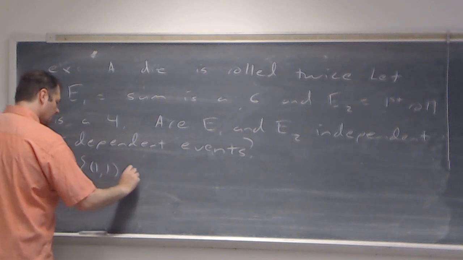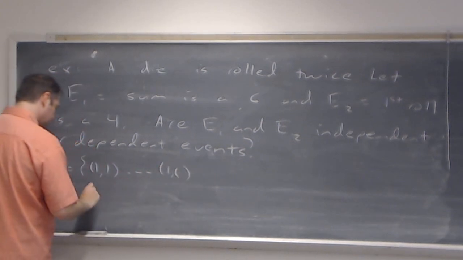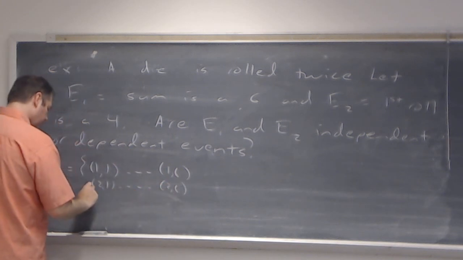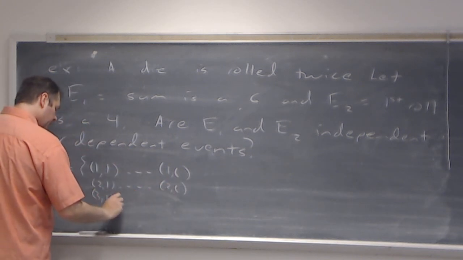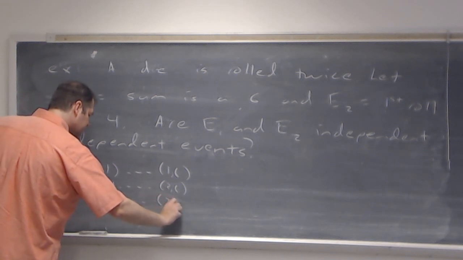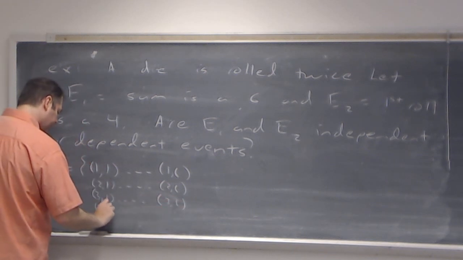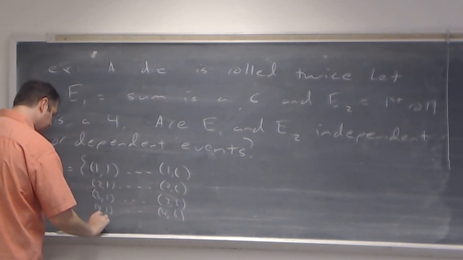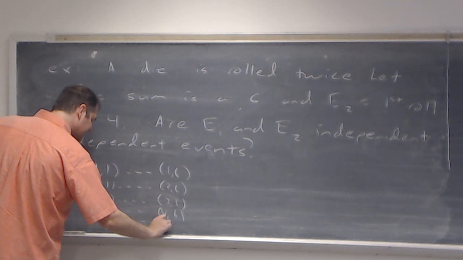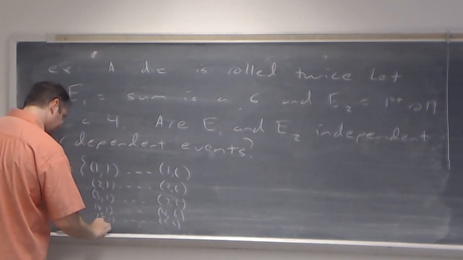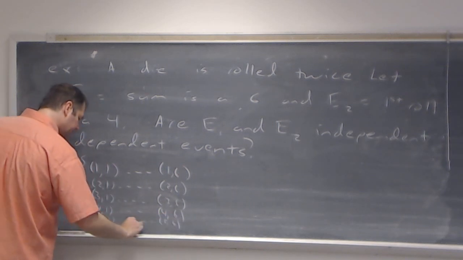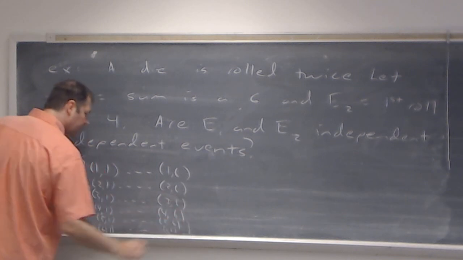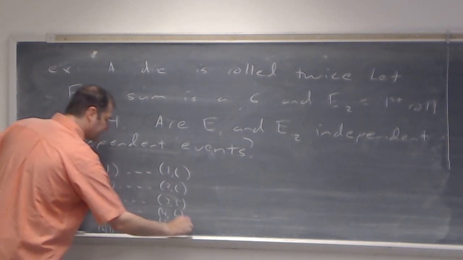That was 1/1 all the way up to 1/6, 2/1 all the way up to 2/6, 3/1 all the way up to 3/6, 4/1 all the way up to 4/6, 5/1 all the way up to 5/6, and finally 6/1 all the way up to 6/6. There's 36 outcomes in our sample space. This is the ending bracket here.